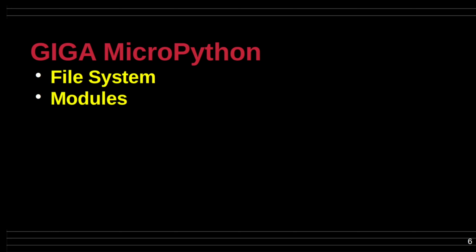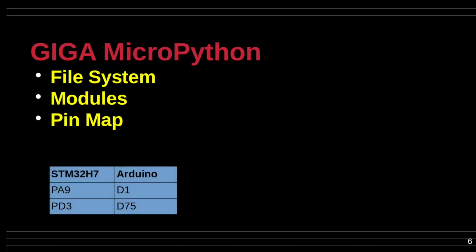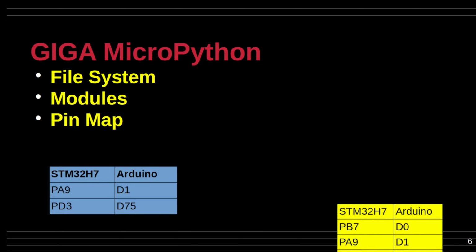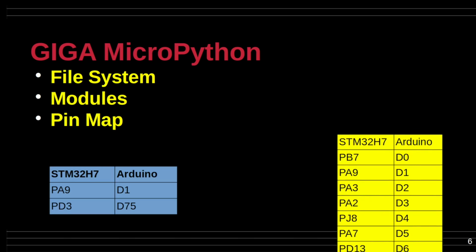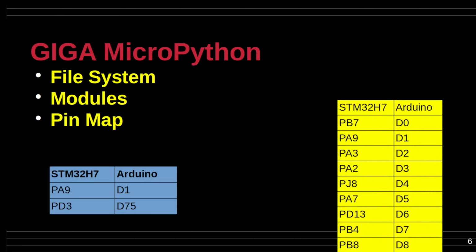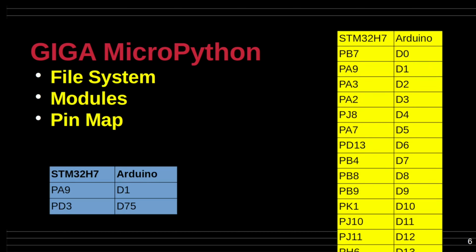After the GIGA board has been flashed, the mass storage resource for the board appears under File Explorer as a 16 gigabyte device. By default, there will be 4 files, with boot.py and main.py being of primary interest.